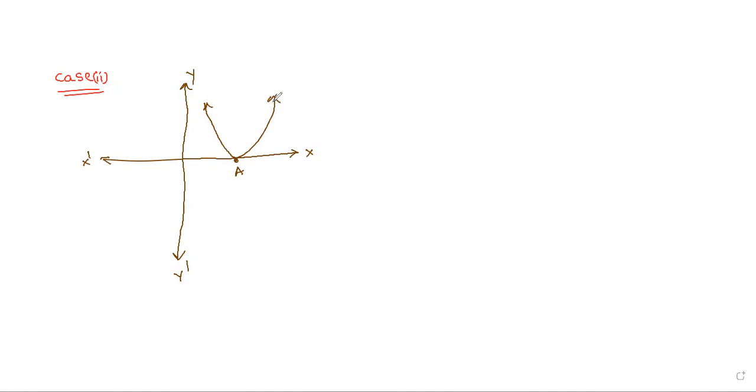If the graph intersects the x-axis or touches the x-axis at exactly 1 point, but you have considered, then 2 points are here. That means a and a dash values are same. Okay, that means the zeros are real and equal.